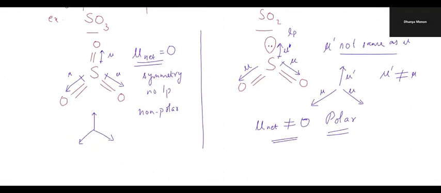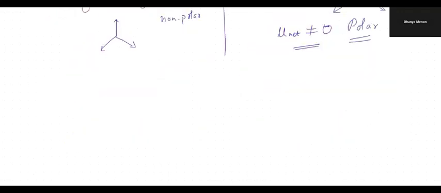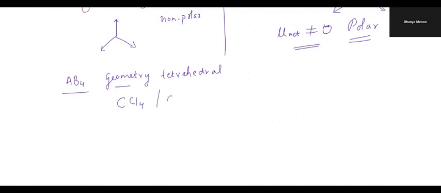Moving on further, let's take AB4 geometry, tetrahedral: CCl4, which is very important, usually they ask questions, CH4, SiF4.